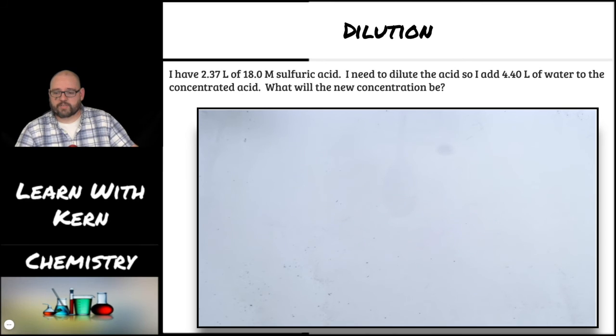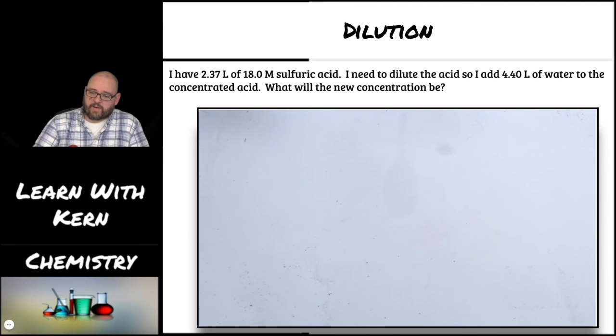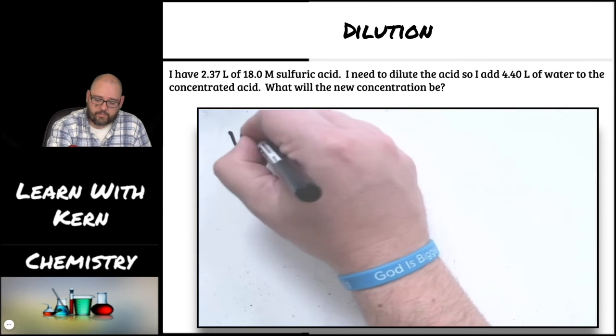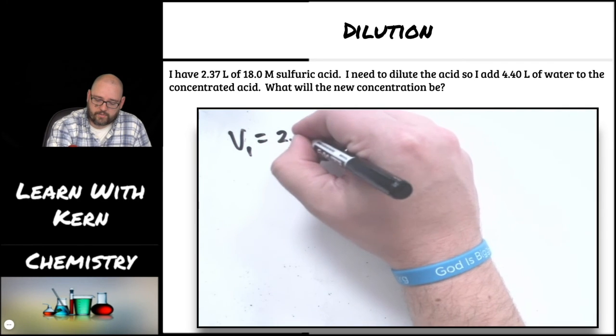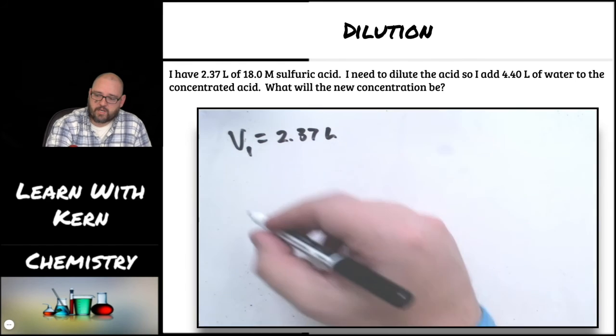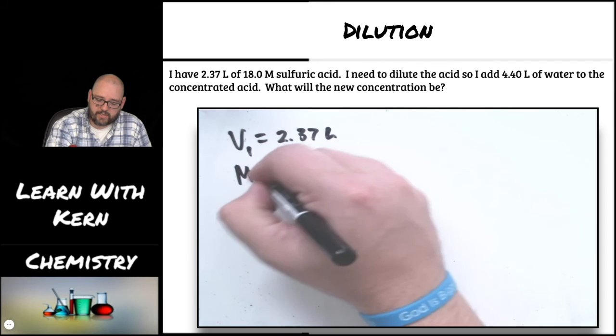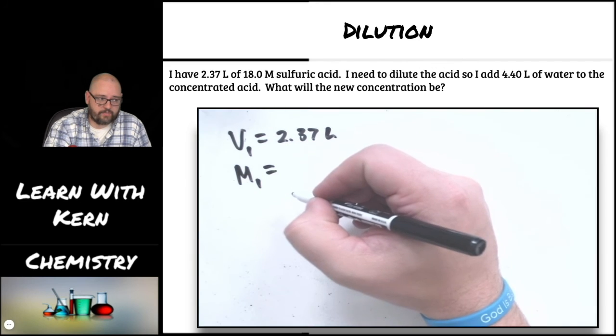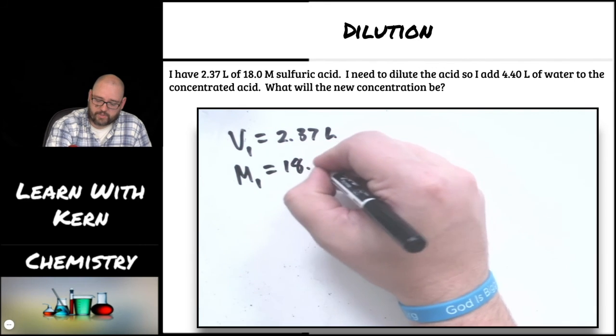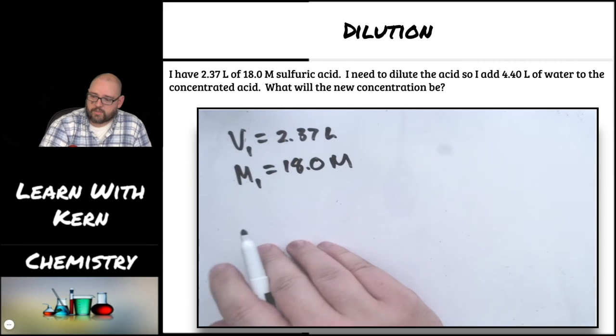So let's look at another example of a dilution problem. If I have 2.37 liters, so there's a volume of 2.37 liters of 18 molar sulfuric acid, so there's my molarity that goes along with that volume, 18.0 molar sulfuric acid.